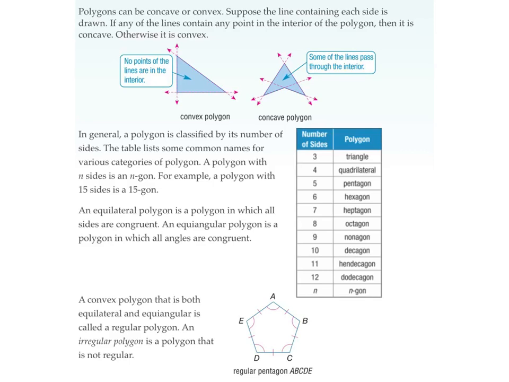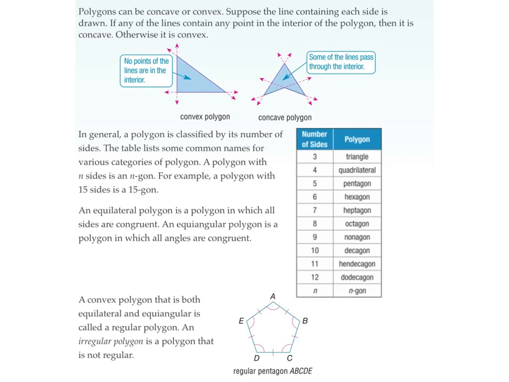Okay, on this page we've got the general names of most of the polygons that you will use over the course of this textbook. Obviously you know about triangles and quadrilaterals. Don't forget that's a 4-sided figure, so things like squares, rectangles, rhombuses, kites, trapezium, they're all named as quadrilaterals.